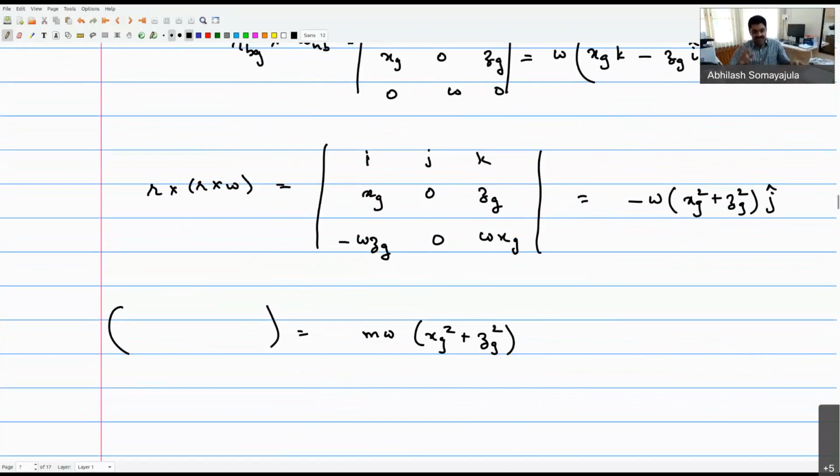You imagine that my NED frame is here, wherever my right hand is, and my ship is here. If I want to compute the inertia with respect to this, it will really depend on how much distance it is at, right? How far is the center of gravity from the NED frame?